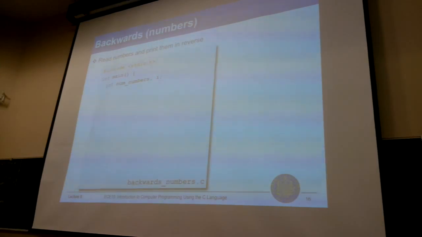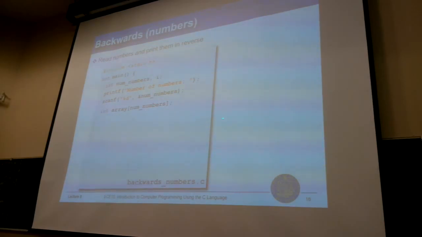So here we're going to start off our program with integers, and that's the number of numbers and a bookkeeping variable I. We start off by asking the user how many numbers they want to input. So we take that in, store that as num numbers, and then we declare an array based on the user input.